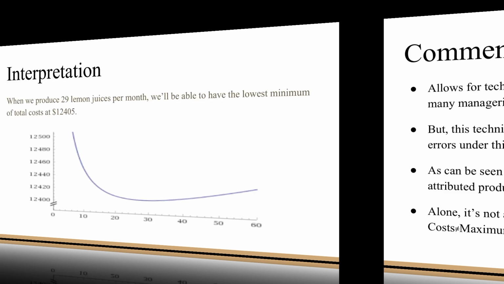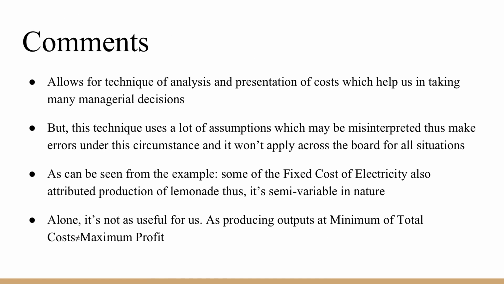This technique of analysis and presentation of costs helps us in taking many managerial decisions. However, this technique uses a lot of assumptions, which may be misinterpreted, thus making errors under these circumstances. It'll also not apply across the board for all situations. An example would be some of the fixed costs of electricity also contributed to the production of lemonade.